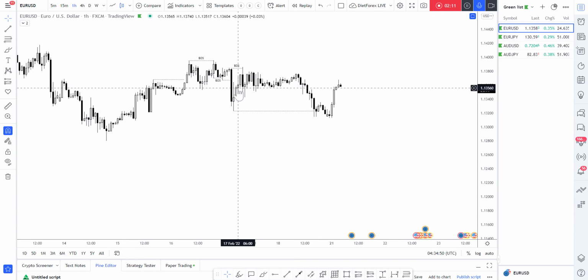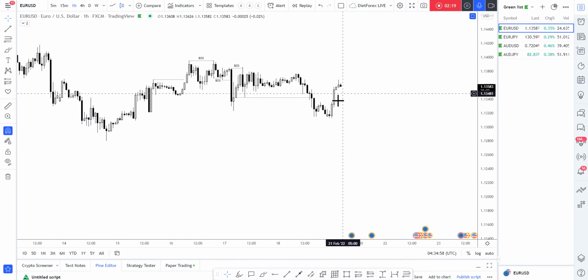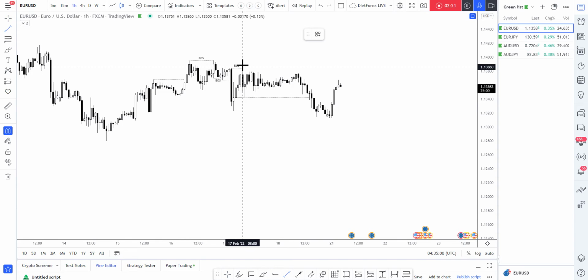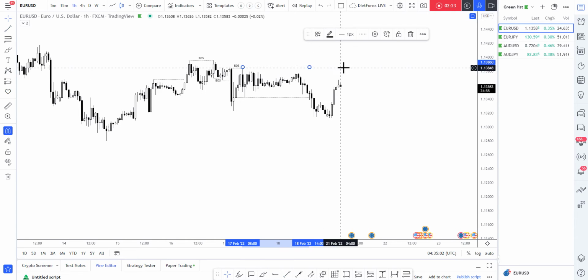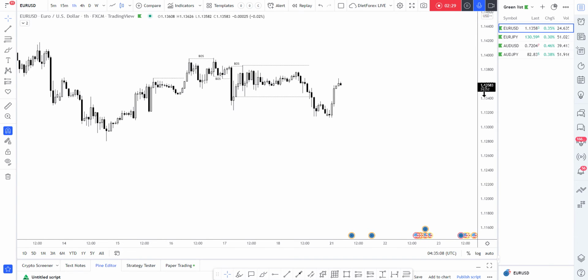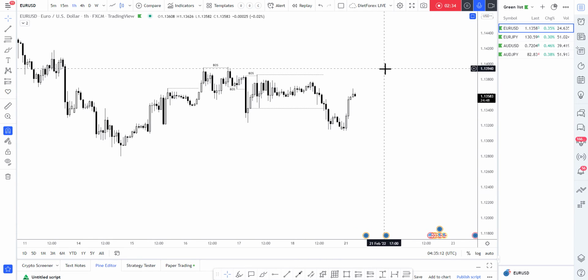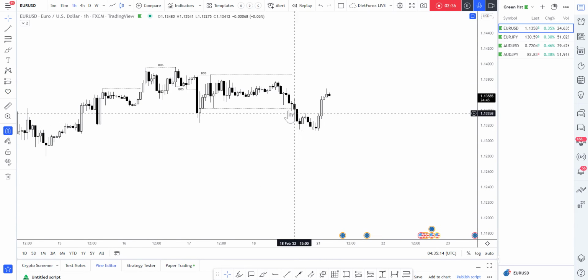So low, low, low, low, up, nothing much moves. So it's kind of going down, but in a slow pace. And right now we had this breakdown.